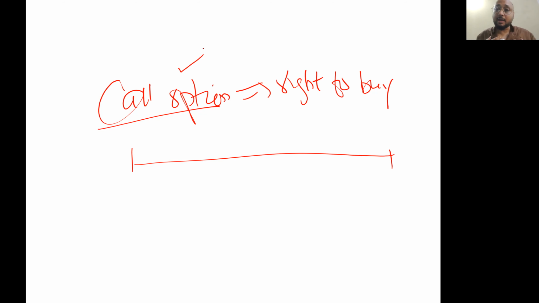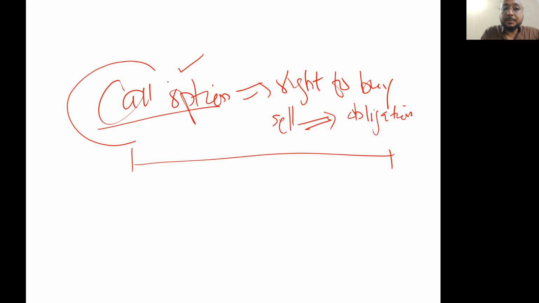If I decide I want to buy, then the seller is obligated. What is the seller's responsibility? It means in a call option, the buyer has the option and a right to buy, whether you want to buy it or just let it expire.